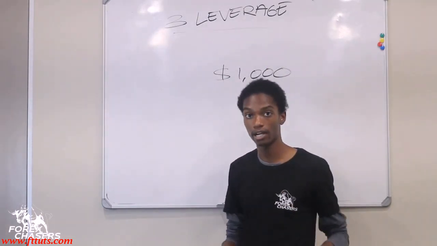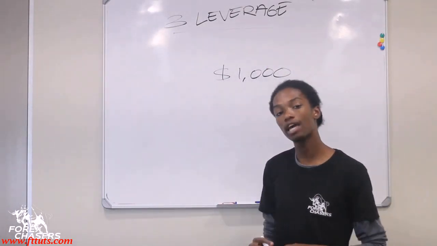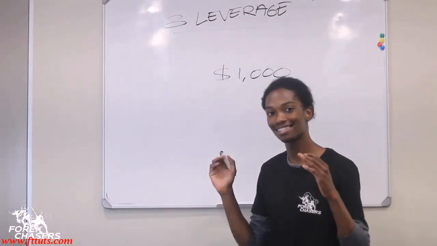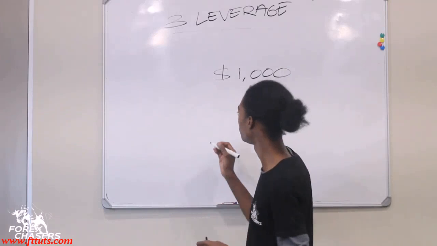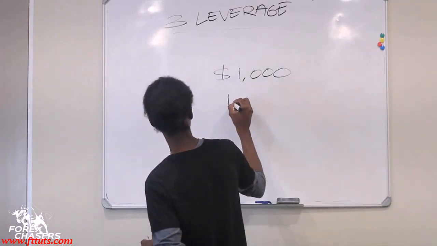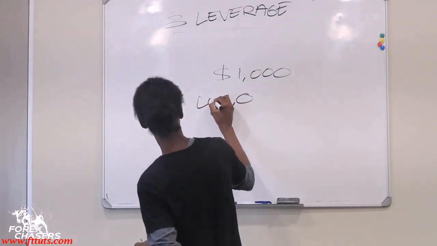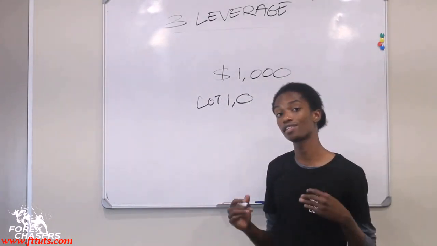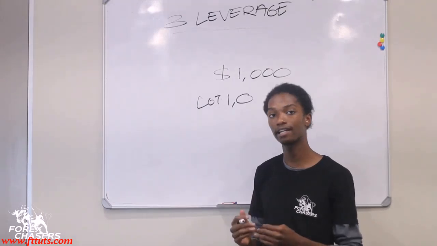$1,000 in our account. Now, we want to be able to open, for example, let's just say one standard lot size, so 1.0 lots, which is obviously one full standard lot.